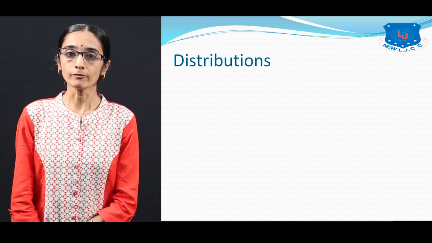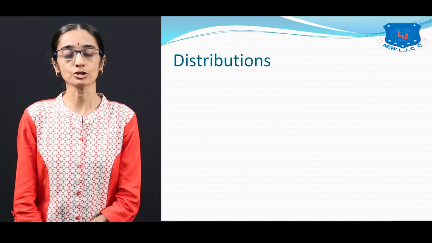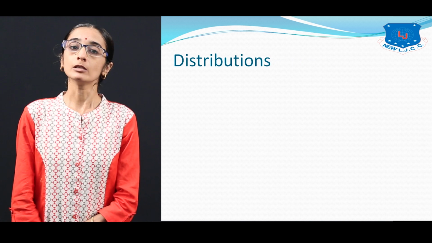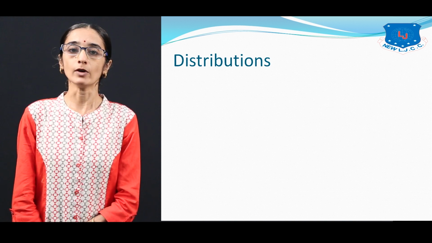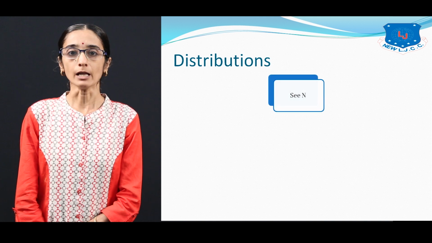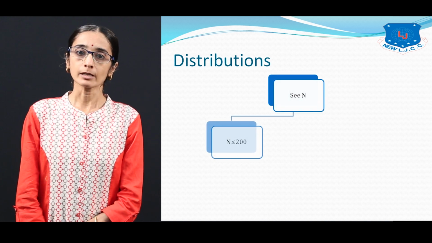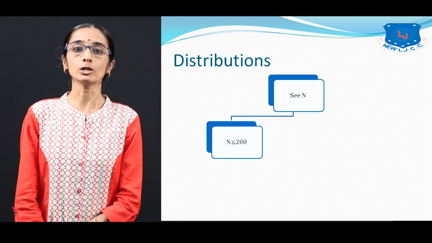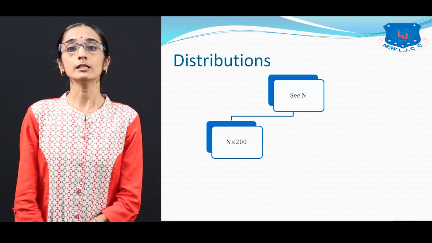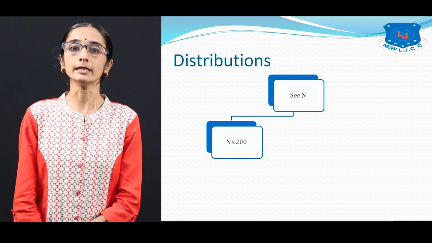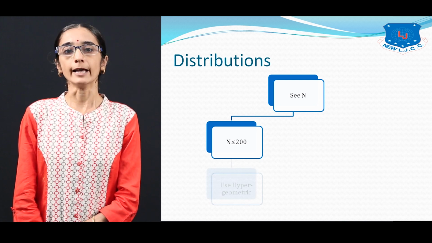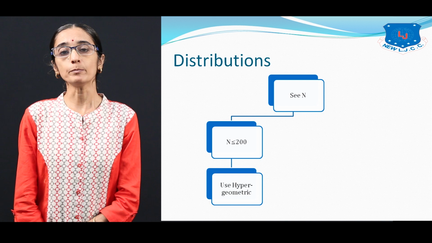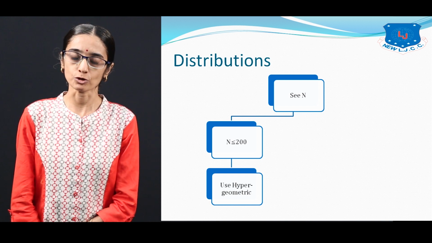To identify which distribution should be used, the first step is to see the value of capital N. If capital N is less than or equal to 200, then we have to use hypergeometric distribution.